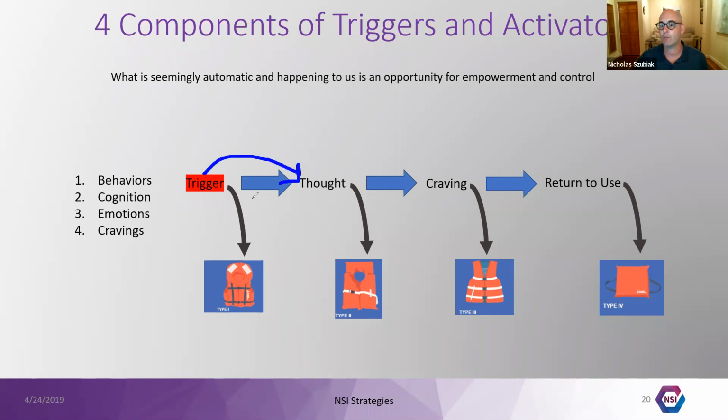We get triggered that we want to, whatever that is. We talked about the different internal, external triggers. And I have a thought. And my thought is, I want to use opioids. I want to get some oxy. And that thought then generates a craving, that I start to crave getting that drug. And then that leads to return to use or that relapse event.